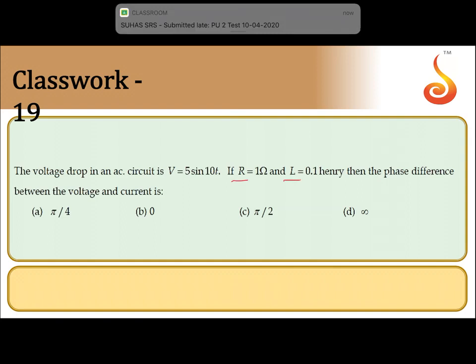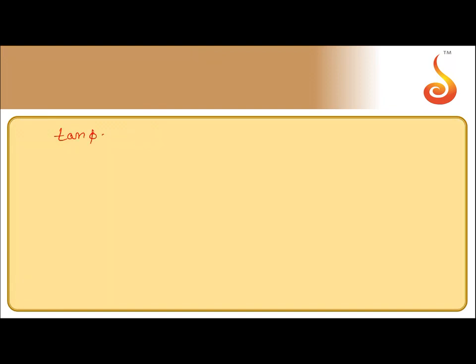Phase difference between voltage and current is given by tan phi is equal to XC minus XL divided by R, assuming that current leads voltage. This is the assumption.